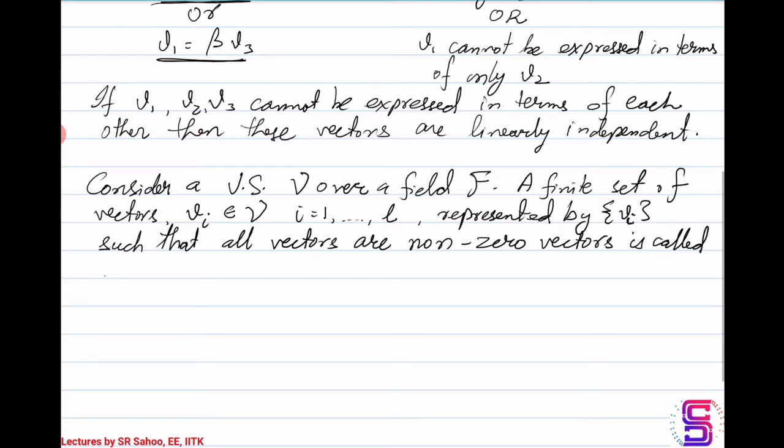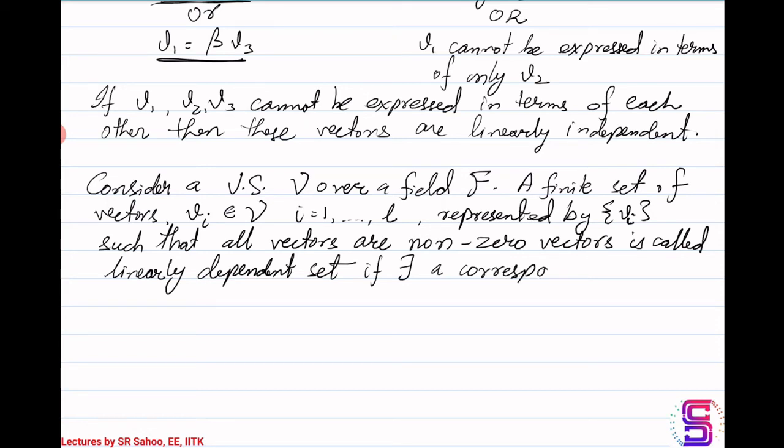A finite set of vectors represented by Vi such that all vectors are non-zero vectors is called, we first define what is linearly dependent, is called a linearly dependent set if there exists a corresponding set of scalars, represented by alpha i.